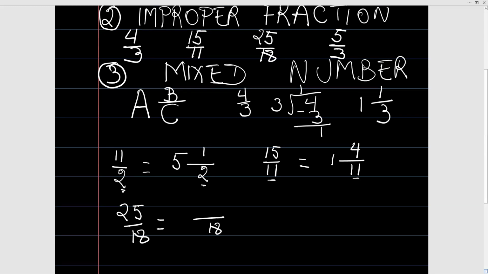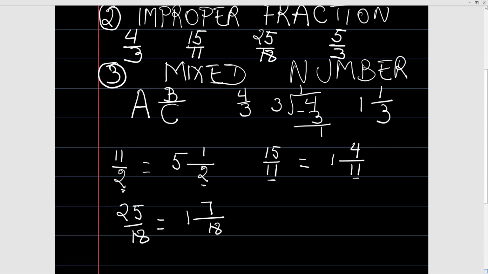Ask yourself, how many times does 18 go into 25? It's only 1 time. Now, what is the difference between 25 and 18? The difference is what? It's 7.